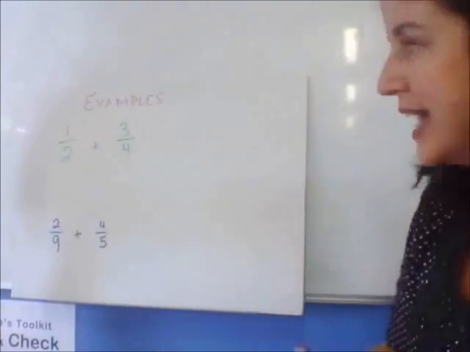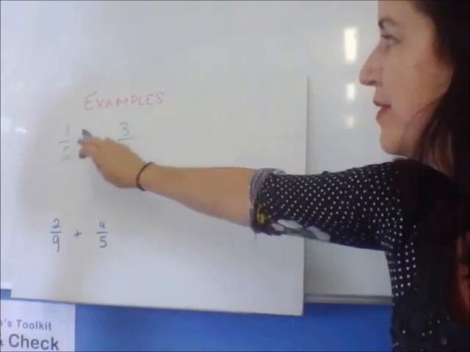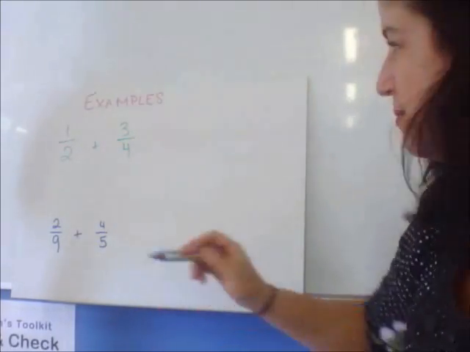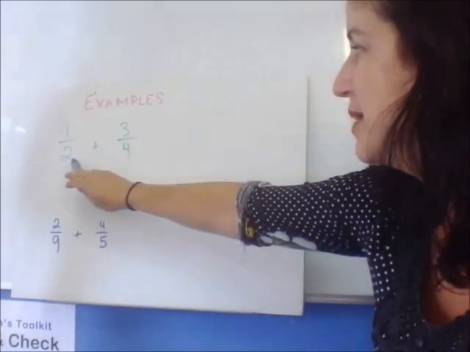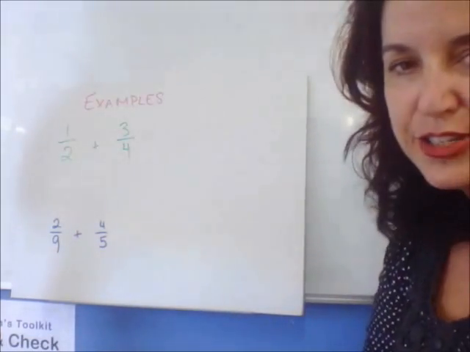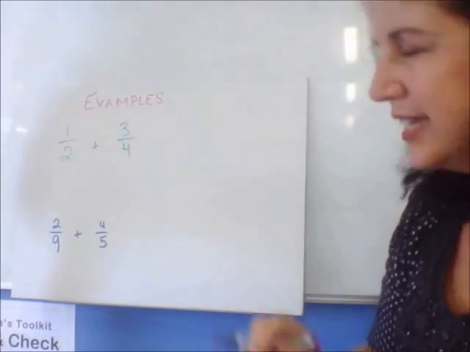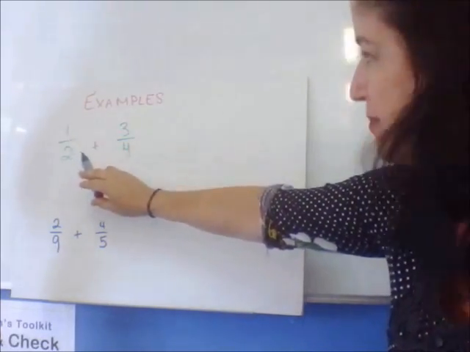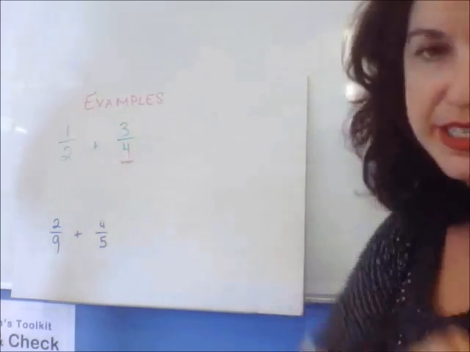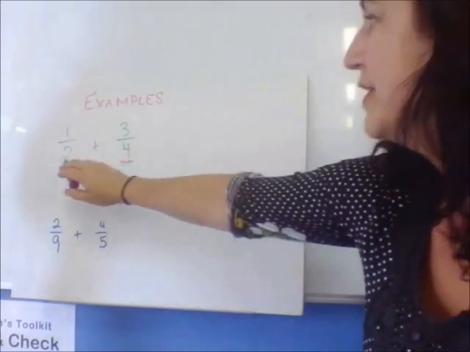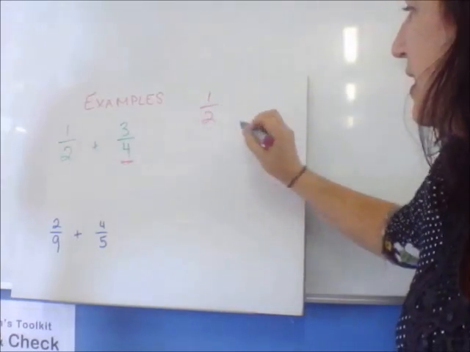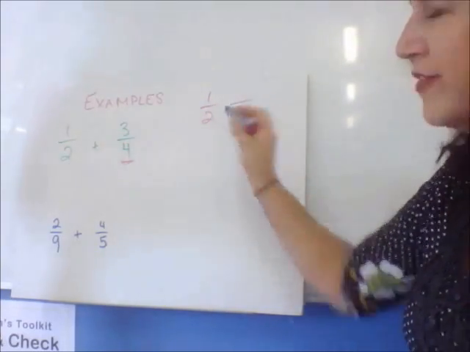Okay, so let's look at this first example. We've got 1/2 and 3/4. Now it's pretty easy, this one, because we don't have to make the bottom number 8, because it's pretty easy to turn 1/2 into a fraction with a 4 on the bottom. So a 4 could be a good common denominator. So let's see, if we've got 1/2 here, and we want the 4 to be on the bottom, what have we done to it?